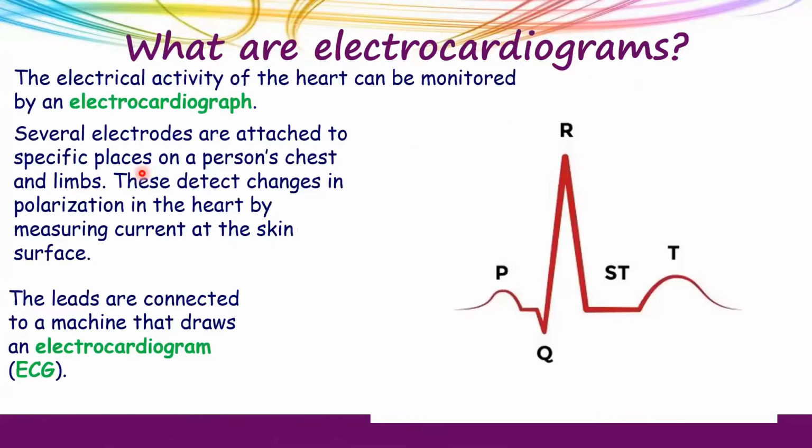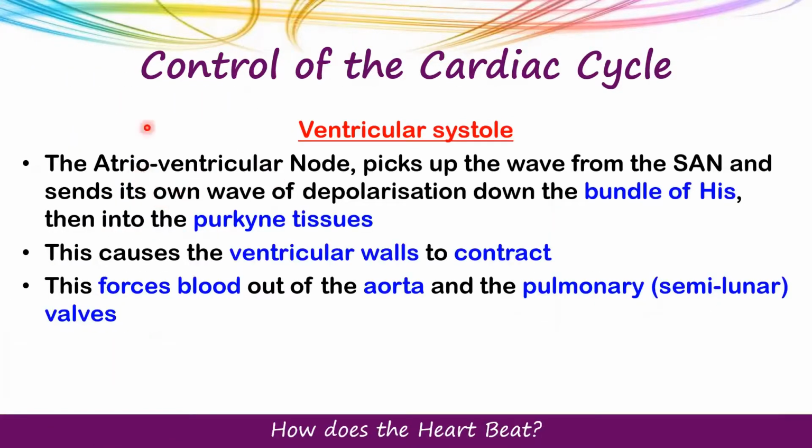Then in ventricular systole, the atrioventricular node would now pick up the wave from the sinoatrial node. The sinoatrial node starts that, it's the pacemaker. The atrioventricular node picks up the wave and then sends its own wave of depolarization down the bundle of His, then into the Purkinje tissue or Purkinje fibers.